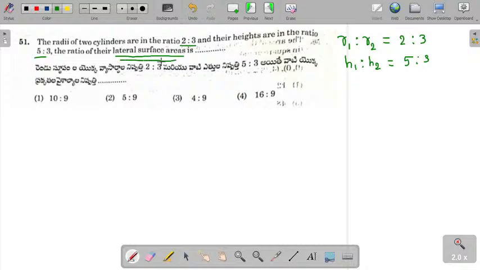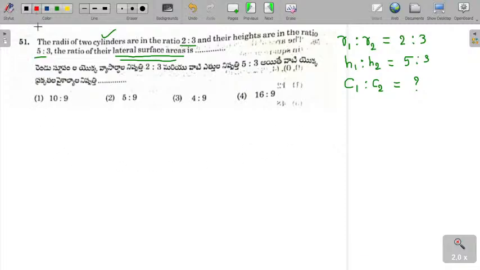Then we need to find the ratio of their lateral surface areas. Lateral surface area means curved surface area, so C1 is to C2 is the question. This problem is related to cylinders. The curved surface area of the first cylinder divided by the curved surface area of the second cylinder: the curved surface area is 2 pi r1 h1 divided by 2 pi r2 h2.